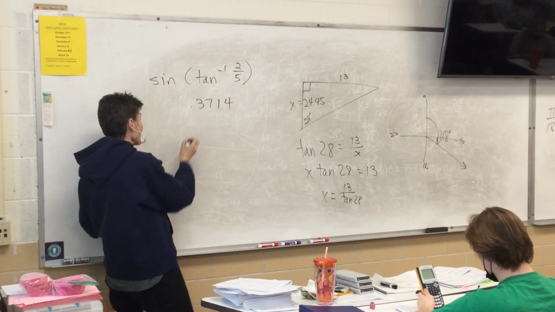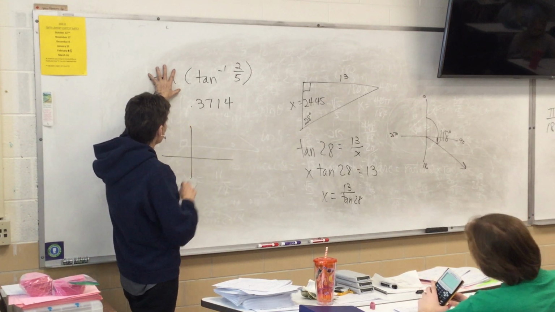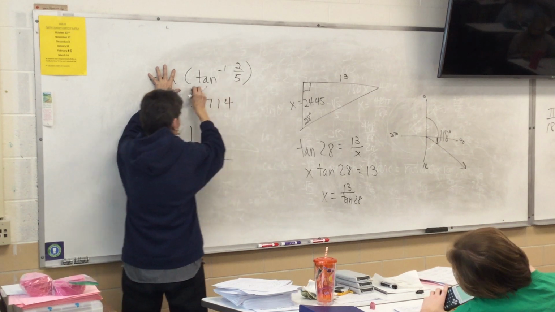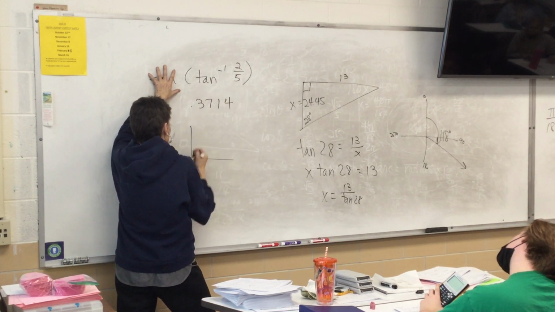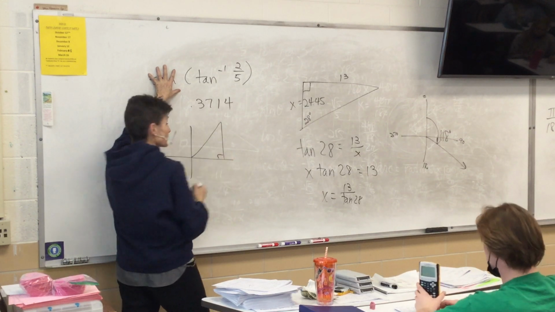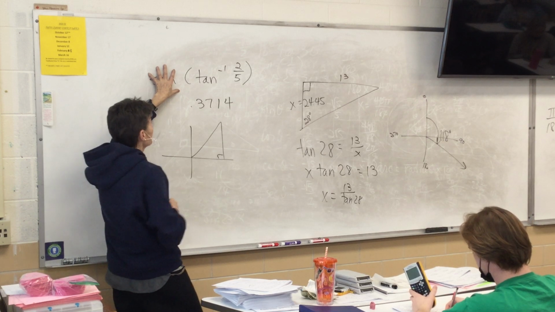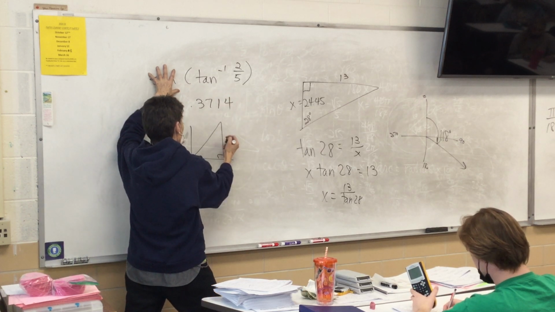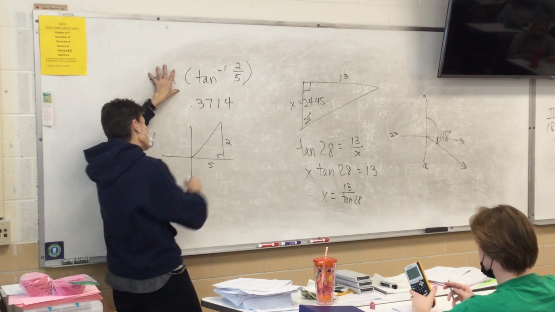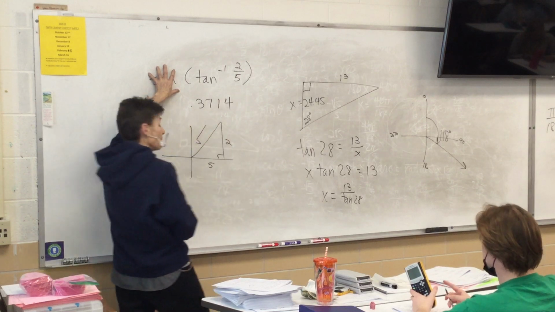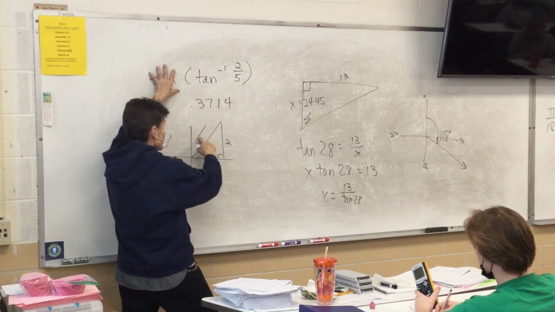Now, if I'm doing it by hand, we talked about these problems the other day. Forget this for a moment and draw a picture of this. Since that's a positive number, it goes in the top right, called quadrant 1, so we're gonna put it in quadrant 1. And tangent is opposite over adjacent. And then I can do the Pythagorean Theorem to find my hypotenuse. A squared plus B squared equals C squared.